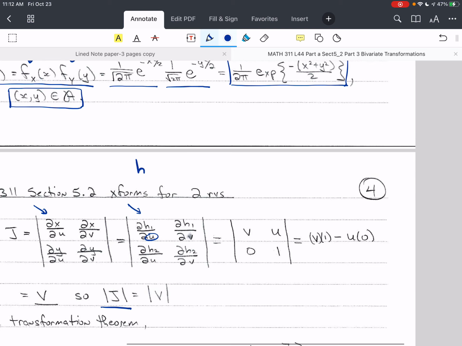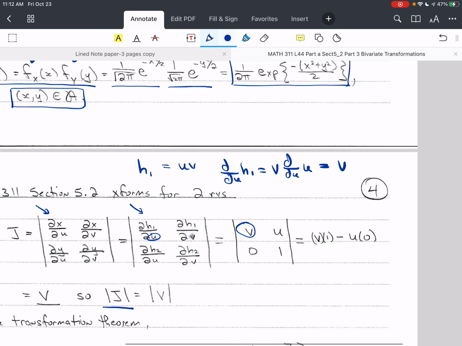So we have h1 is equal to u times v. If I want the derivative with respect to u of h1, then that's going to be v times the derivative of u, well, du is 1, and this is just v. And so that's what we have here.